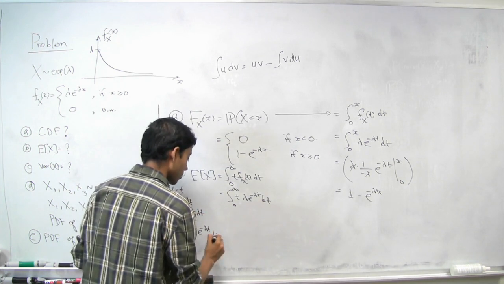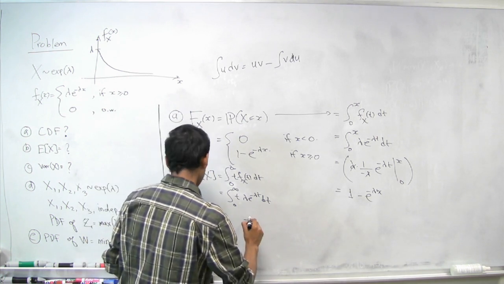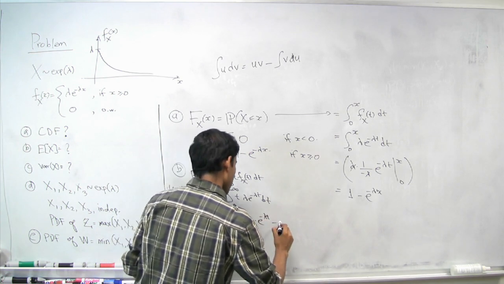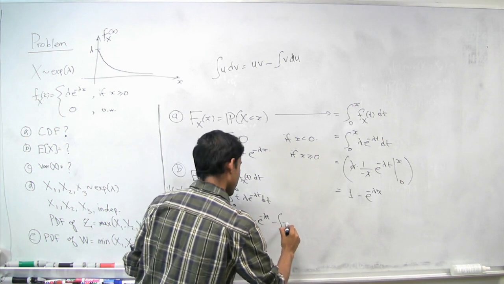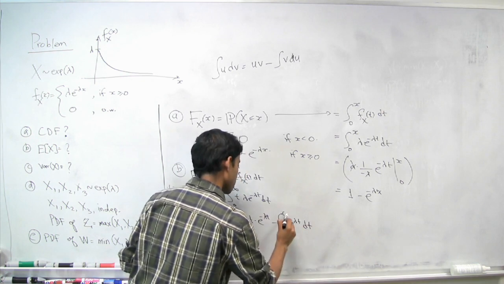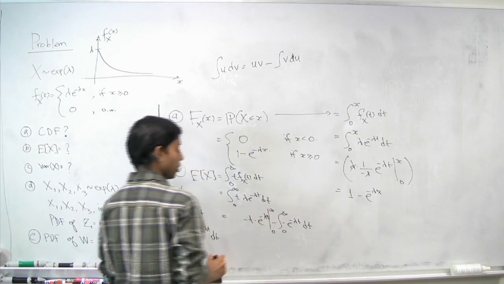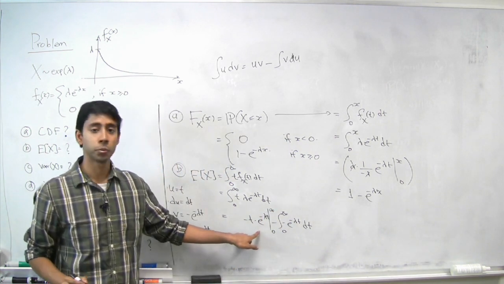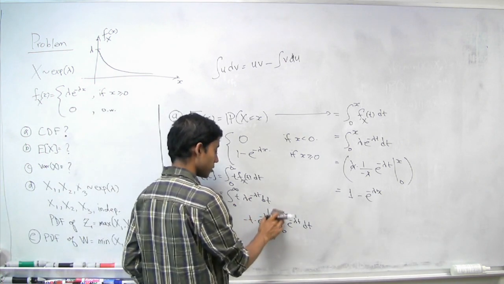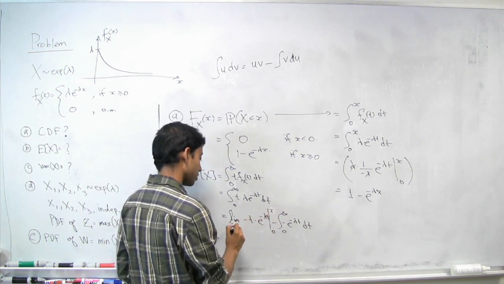If we do this, it's going to be negative t times e to the minus lambda t, that's uv, minus the integral of v, which is negative e to the minus lambda t, times dt. This is evaluated from 0 to infinity. What does it mean for this to be evaluated from 0 to infinity? An easier way to look at this is to say it goes from 0 to x, and then you take the limit as x goes to infinity.